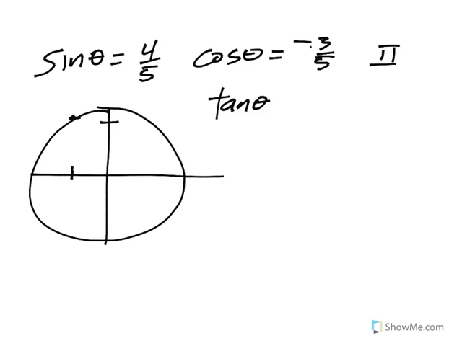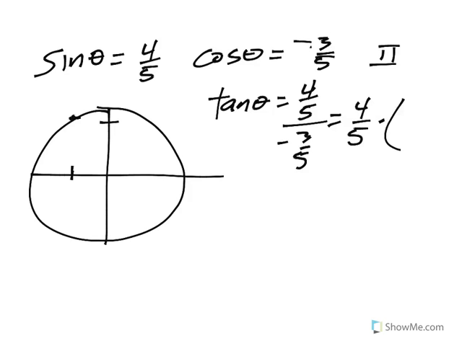Tangent theta is just sine over cosine, which is sine times the reciprocal. Get rid of the 5's, and we've got negative 4/3.